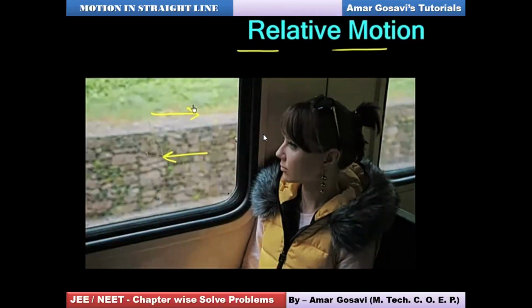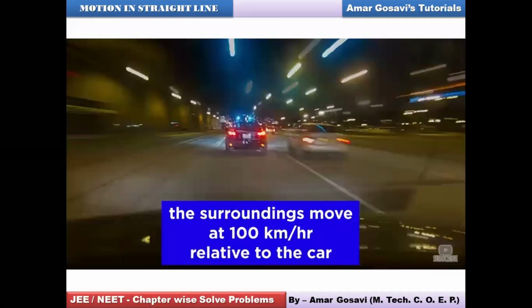Let's try to put it in form of some equations then. But before we deal with equations, let's have some views basically which will make the concept of relative motion more clearer to us. You can see there's another picture over here.